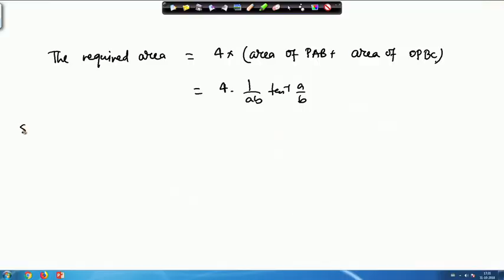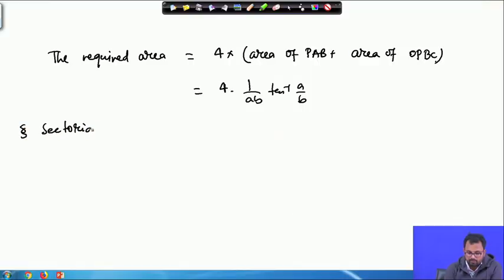All right, so the next point we have in the agenda is sectorial area. This is motivated from the polar coordinate system.